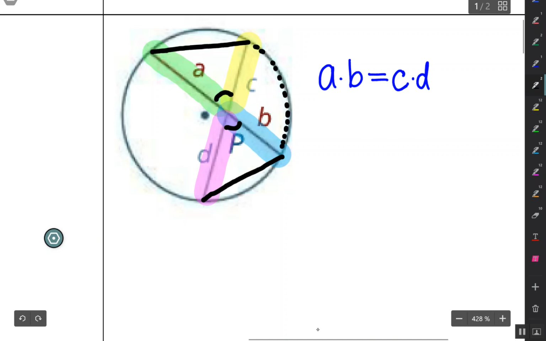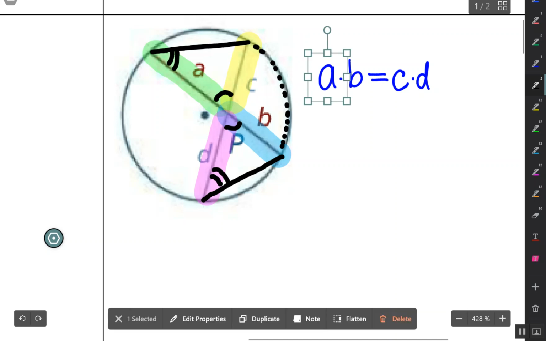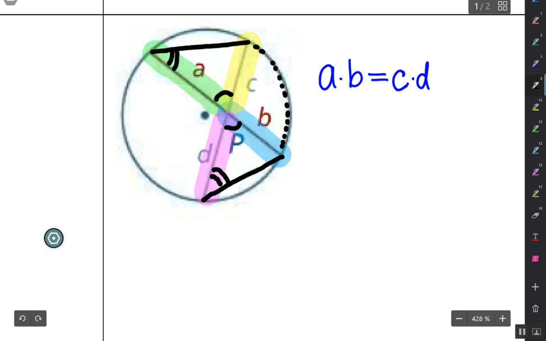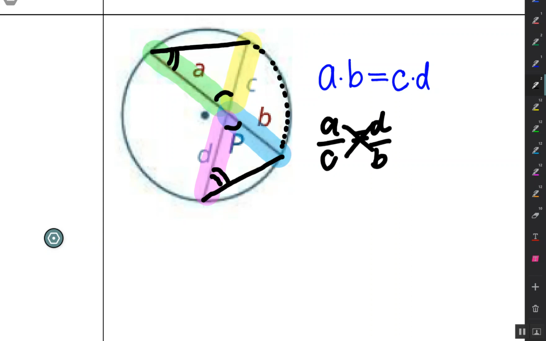So this angle would be congruent to this angle. And so you have similar triangles, and so what we're writing comes from a proportion. Okay, it was A over C is equal to, let's see, D over B, and then you cross multiply. That's what this theorem is coming from.